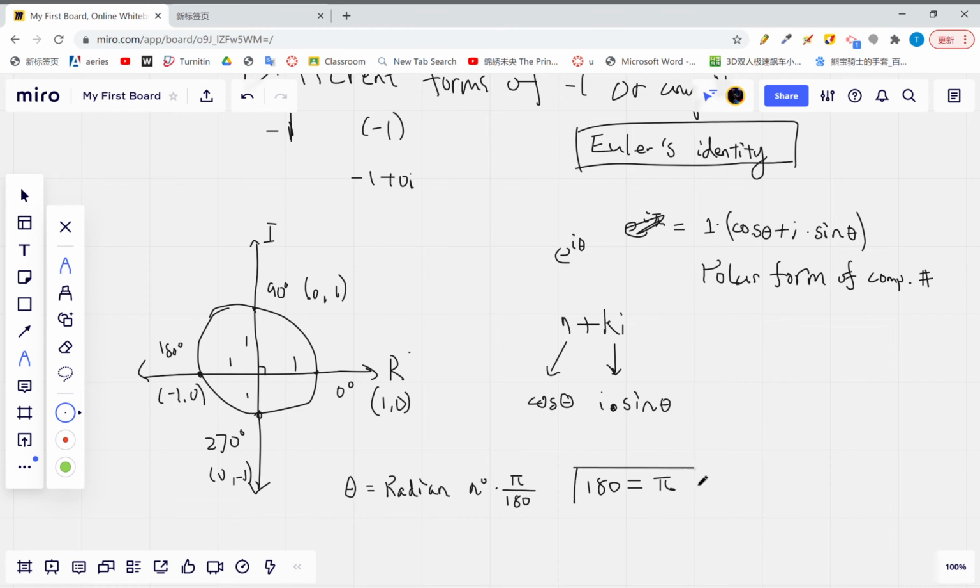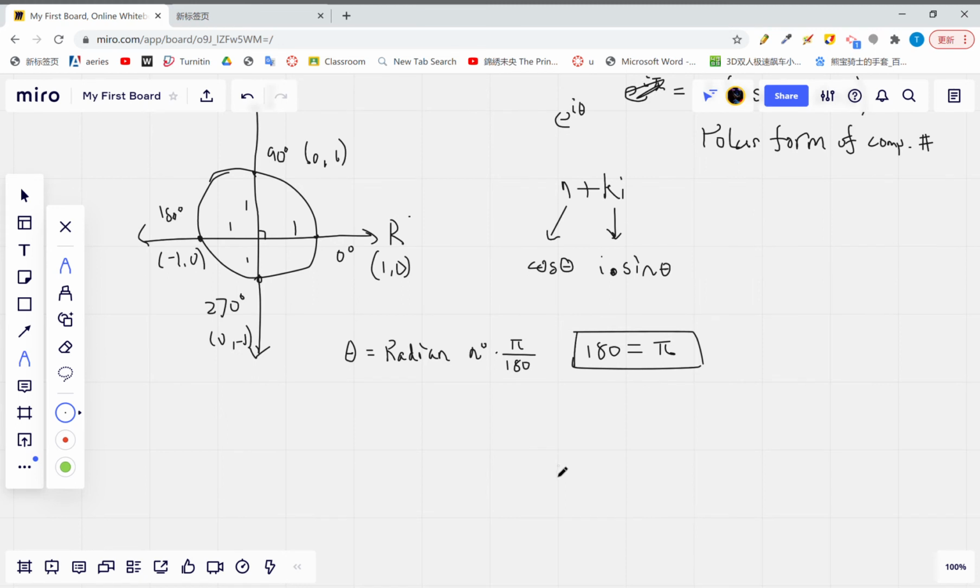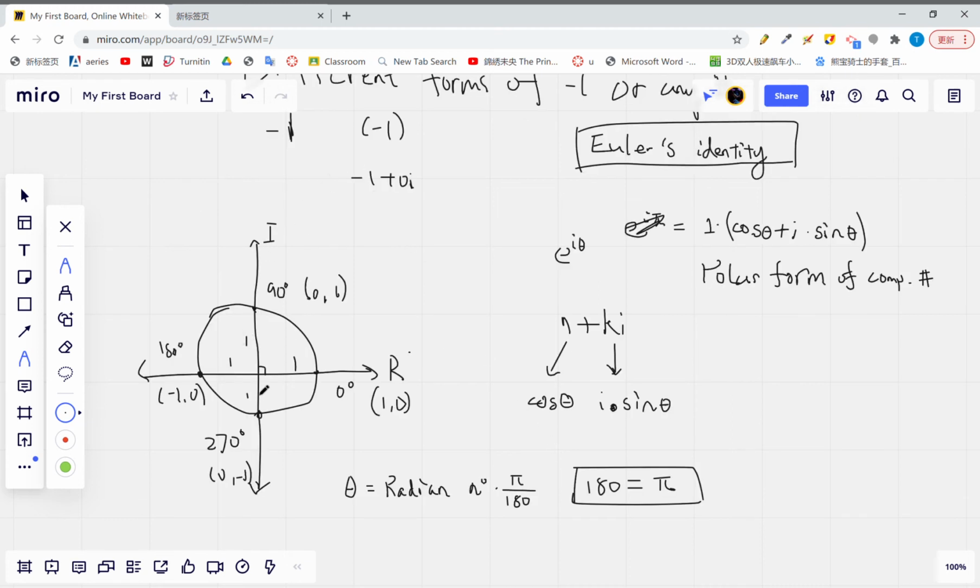Remember this, and this will be really helpful in future. So therefore, any of the angles can be represented as a radian measure in polar form.